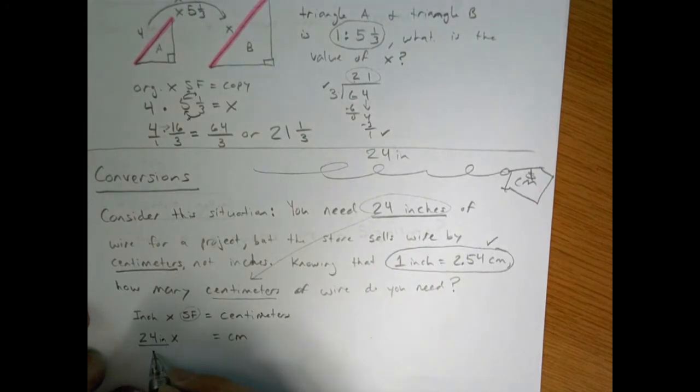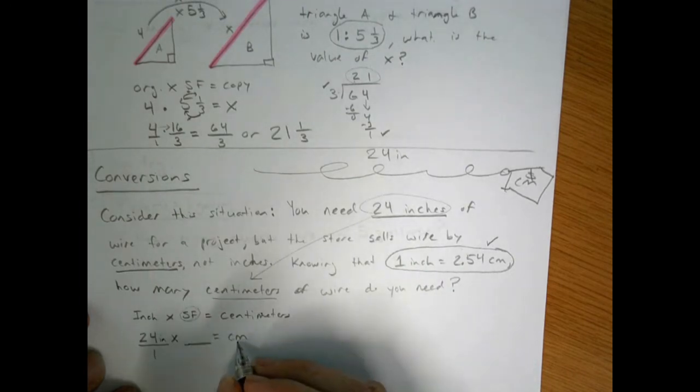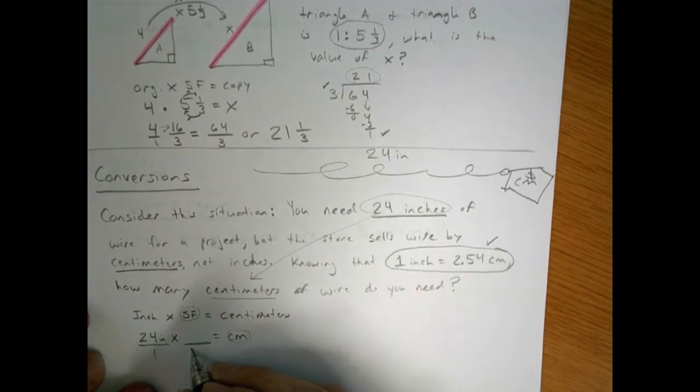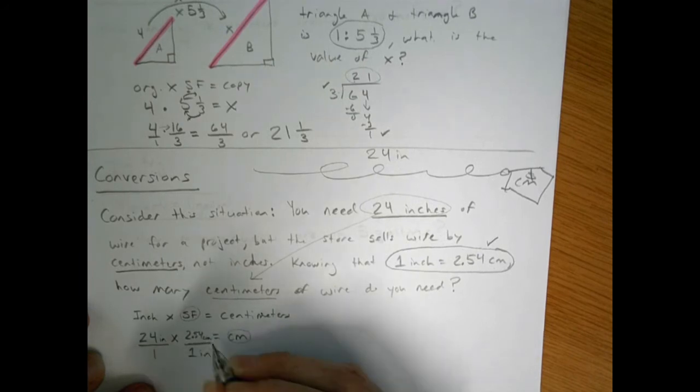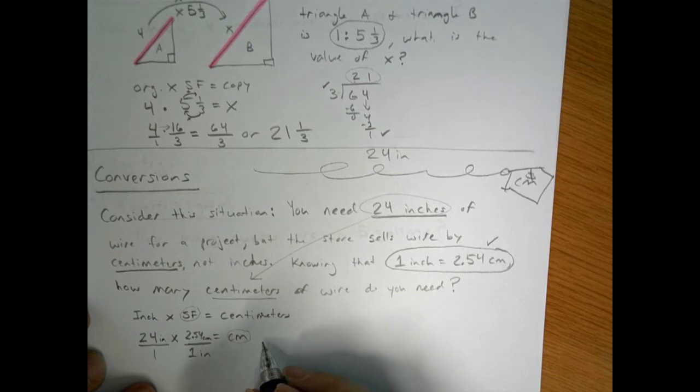Think of this like a fraction here, right? I want to make sure that when I multiply this together, I'm left with just the term centimeters, which means I want to put 1 inch on the bottom, and I'm going to put 2.54 centimeters on the top. Because when I multiply that together, what do I end up with?